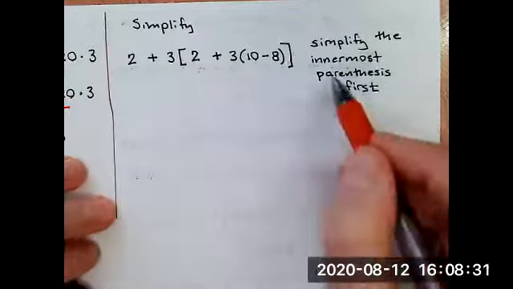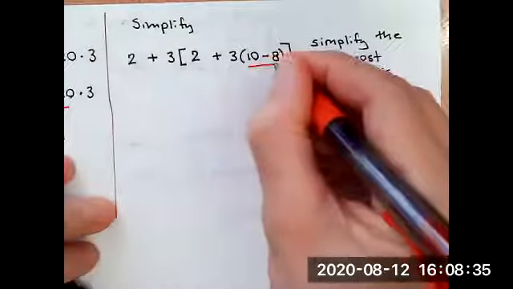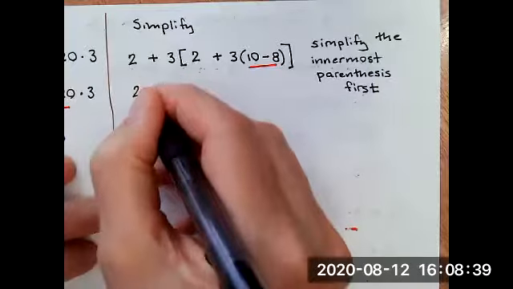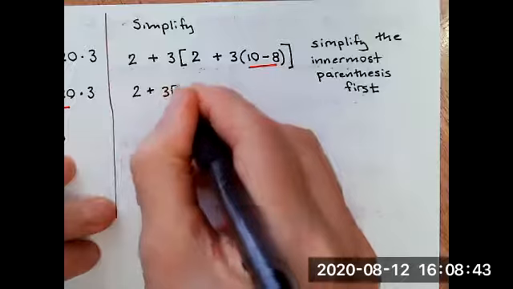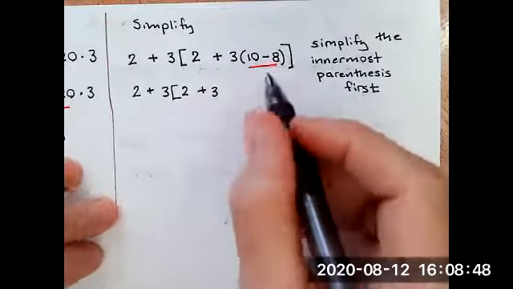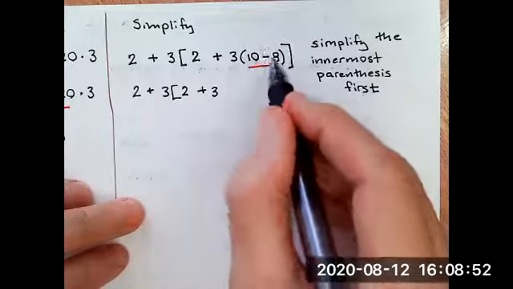So we simplify the innermost parentheses first. That means we do 10 minus 8 first. I'm just going to copy the rest of the problem down directly underneath. And taking it slow like that step by step helps you keep track of what you did. 10 minus 8 is 2.